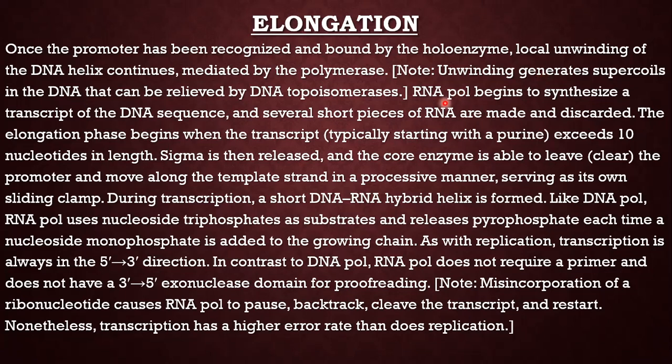Okay. Now, RNA polymerase begins to synthesize a transcript of the DNA sequence, and several short pieces of RNA are made and discarded. Now, the elongation phase will begin when the transcript, which usually starts with a purine, especially GTP, exceeds about 10 nucleotides in length. Remember, purines are adenine and guanine, so it will mostly start with a G. The sigma subunit is then released from the holoenzyme to form the core enzyme, which is now able to clear the promoter region.